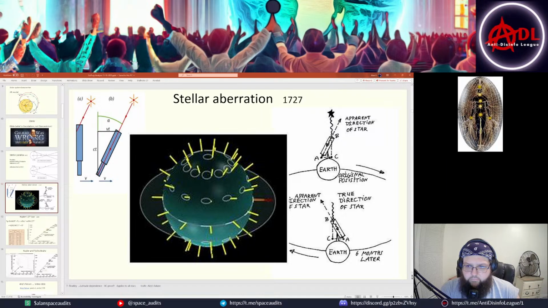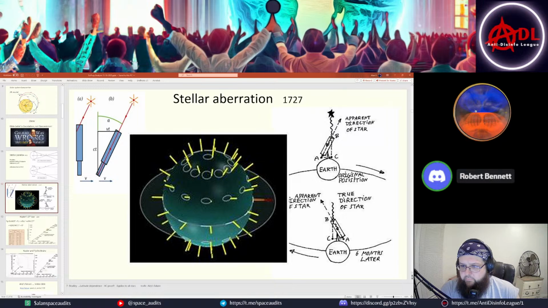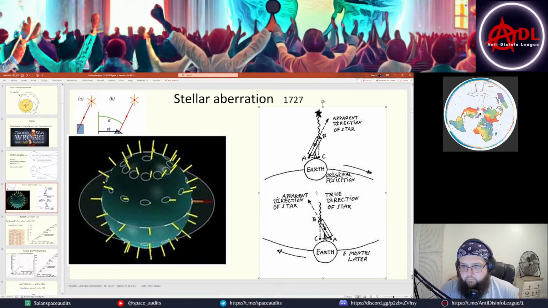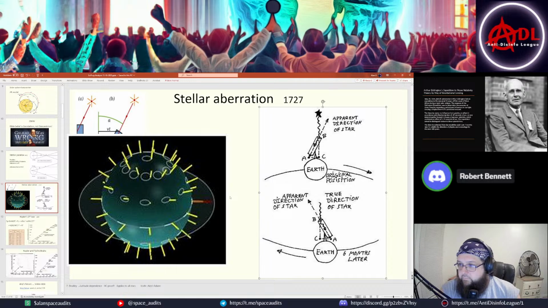They say that every 6 months the Earth changes its position relative to the Sun. It's on the opposite diameter after 6 months. And as the diagram shows, if you point the telescope at an angle instead of directly at the star, let's say in January, in June you'll have to point it in the opposite angle 6 months later.